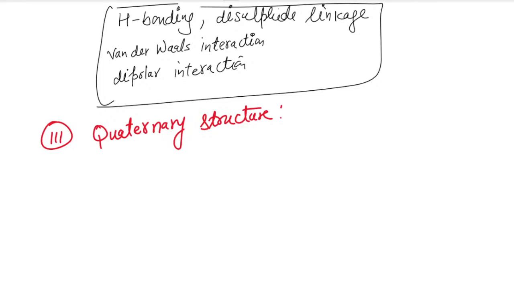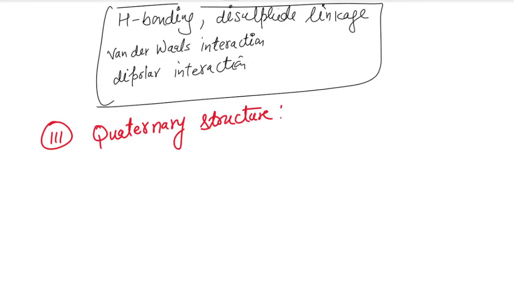These subunits may be identical or different, and they are held together by hydrogen bonding, electrostatic interaction, even van der Waals attraction. So quaternary structure determines the number of subunits and their spatial arrangement, meaning their arrangement in space.